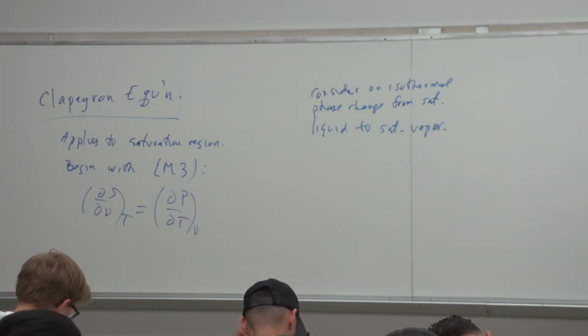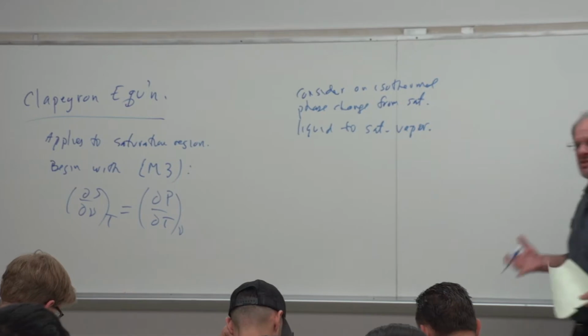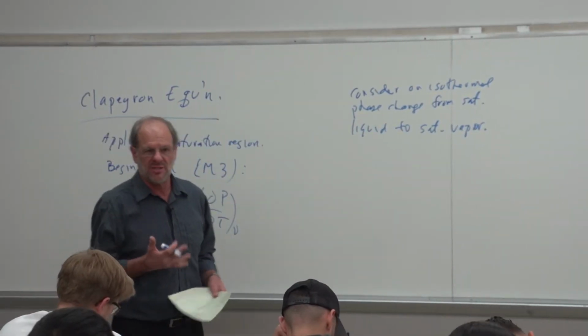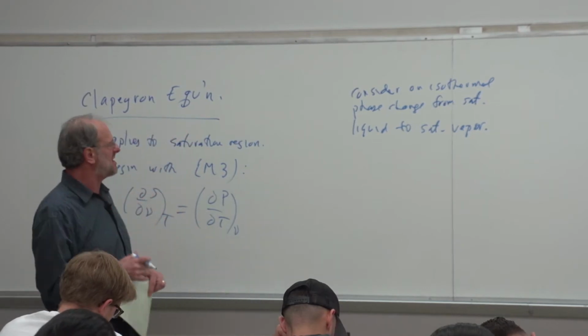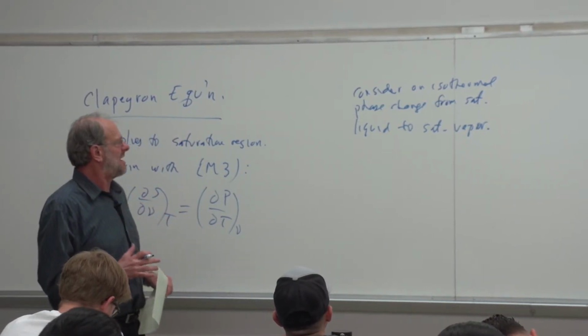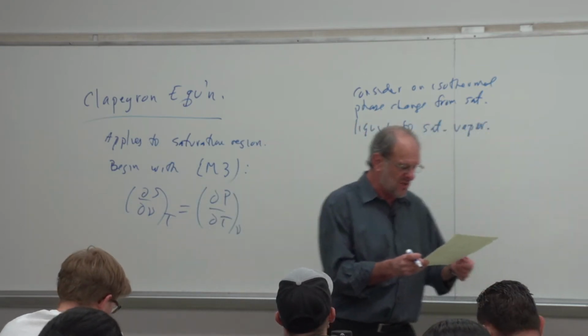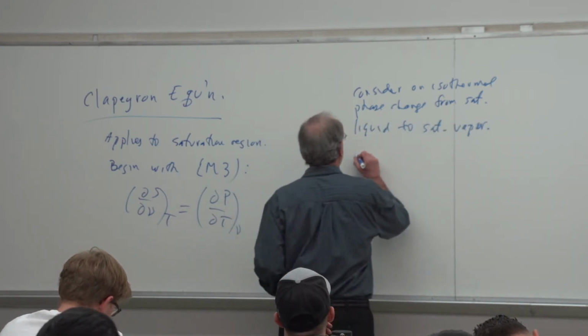Okay, so what we want to do first is note that in the saturation region, pressure and temperature are not independent properties. This is something we know. If the phase change is taking place, then at any one particular temperature, there's only one possible pressure, or vice versa. So pressure is only a function of temperature.